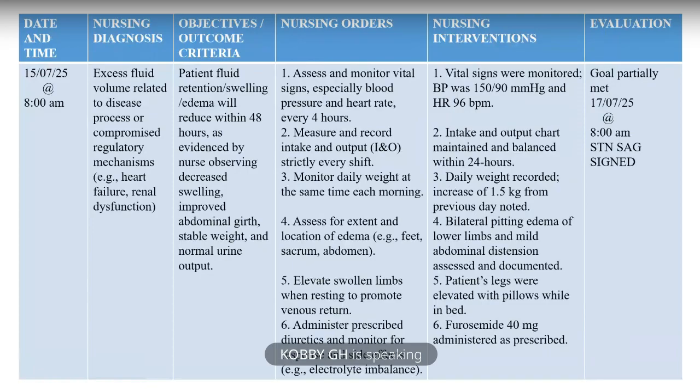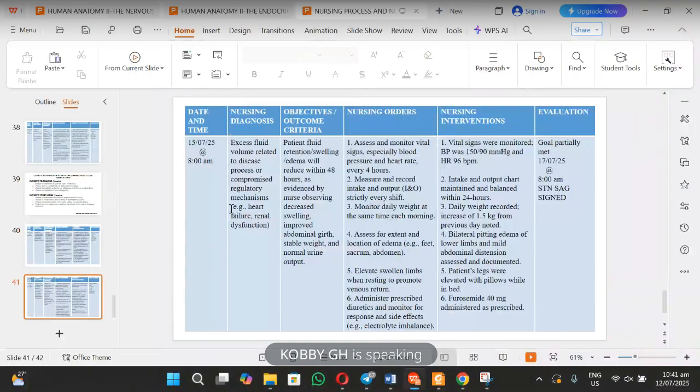Now let's look at the nursing diagnosis. Excess fluid volume related to disease process or compromised regulatory mechanism. No need to add these conditions, because we don't want to see medical terms in the nursing diagnosis.